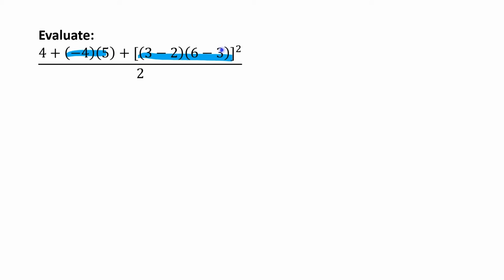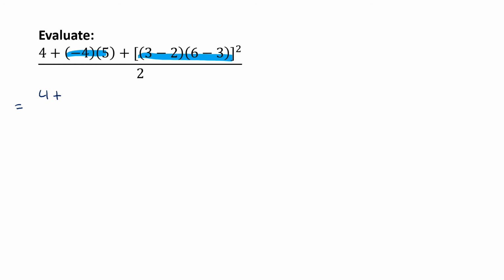Now when we have brackets of different sizes, these are the small brackets, and there's also larger brackets around them. When we have more than one brackets of a different size, we start with the smaller brackets first. So we start with 3 minus 2 and 6 minus 3 first. So now let's start evaluating it. This is equal to 4 plus, since negative 4 and 5 are in brackets, we can do this right now, even though it's just multiplication.